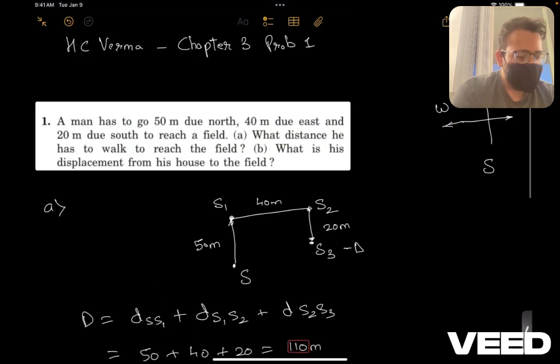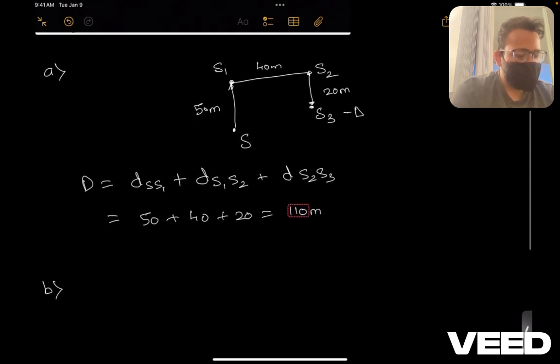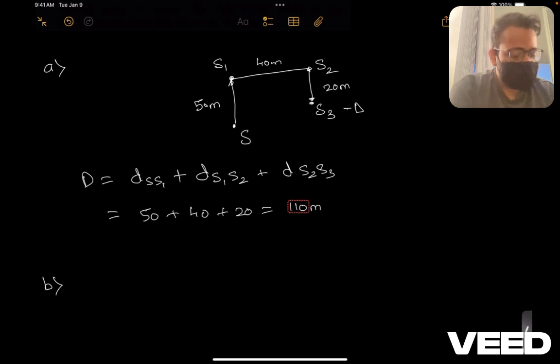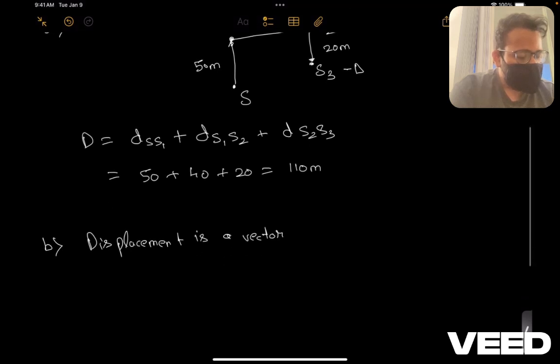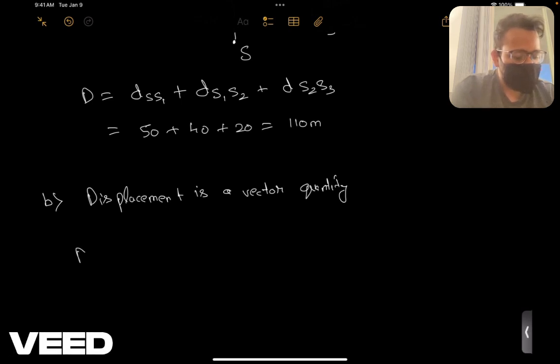So now let's go to part B. What is the displacement from this house to the field? As we know, displacement is a vector quantity, so we can't directly add these three distances as we added while calculating the distance.